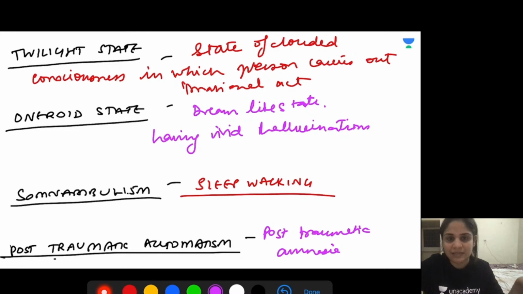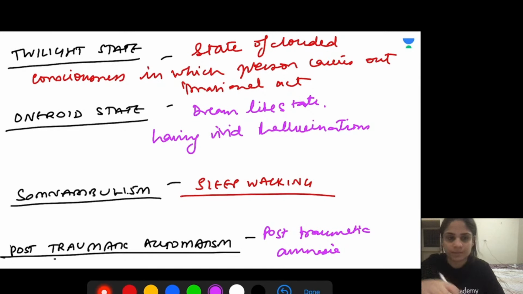In that case, the wife may not remember any of the events, that my husband put kerosene on me, then he burnt me. So why has all that happened? Because of post-traumatic amnesia. She has been in such a state of trauma that she has completely forgotten the entire event. So that is called post-traumatic amnesia or post-traumatic automatism.